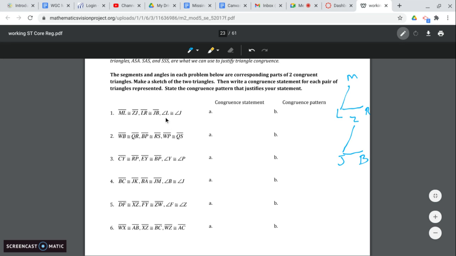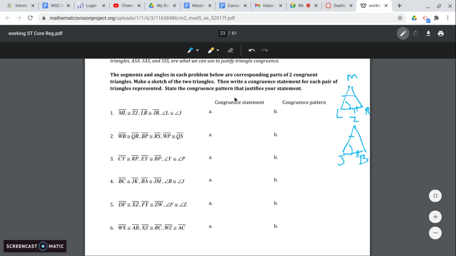Now here it says angle L is congruent to angle J. So that just means those angles, so I made arc marks and I forgot to put my tick marks in, so I'm doing that right now, are congruent. So it means these angles are the same. Now, obviously we don't have a full triangle right now. So what we do is finish out the triangle. So now we have two triangles.